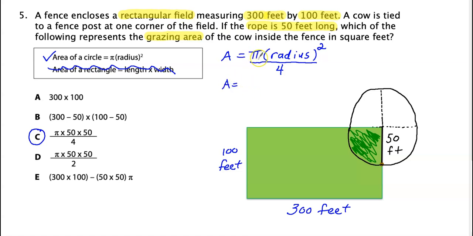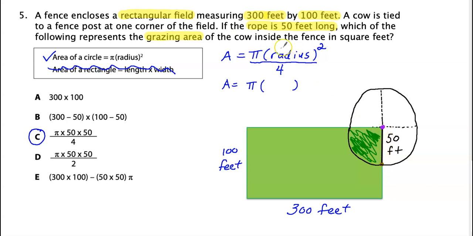I'll bring down my pi. And I need to replace this radius with what number? Well, remember the radius is the distance from the center of the circle to the edge of the circle right here. From center to edge. So basically the radius is the length of the rope.